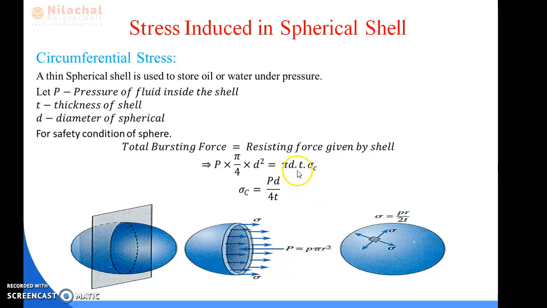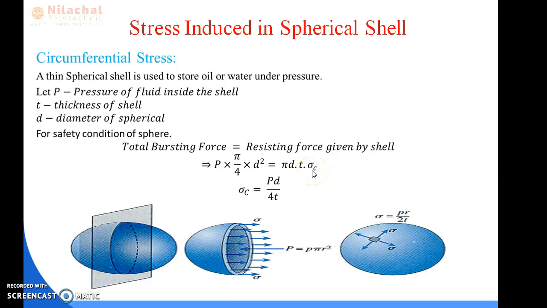Now pi d is the length and the thickness of the rectangle is t. So the area of the surface where the resistance force is applied by the material is equal to pi d into t. Due to this resistance force, the bursting force will be equal to the resisting force offered by the shell, which is equal to pi d t into sigma c.